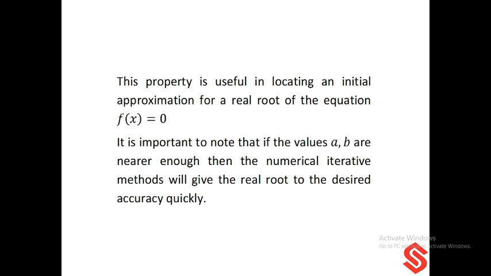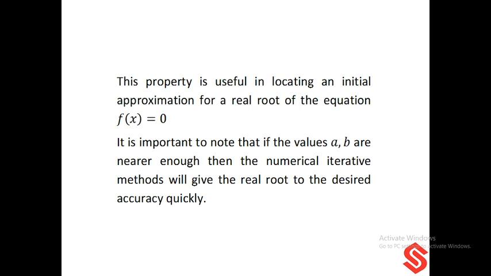This property is useful in locating an initial approximation for a real root of the equation f of x is equal to 0. And it is important to note that if the values a comma b are near enough, then the numerical iterative methods will give us the real root quickly.